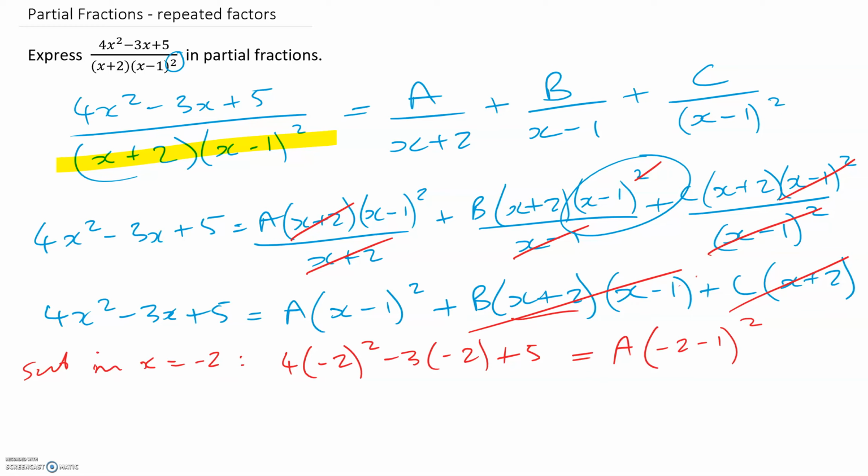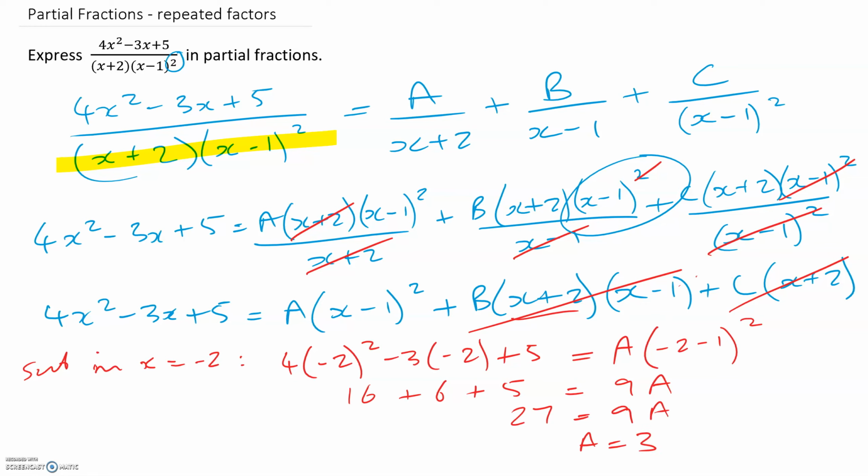So that means we're going to get, I think the left hand side was 16 plus 6 plus 5 equals 9a. So that is 27 equals 9a. And so a is going to equal 3 here.